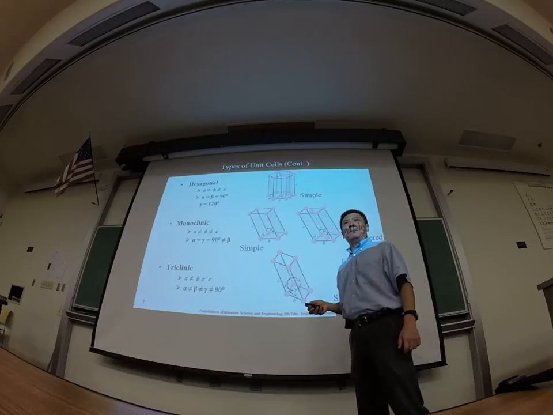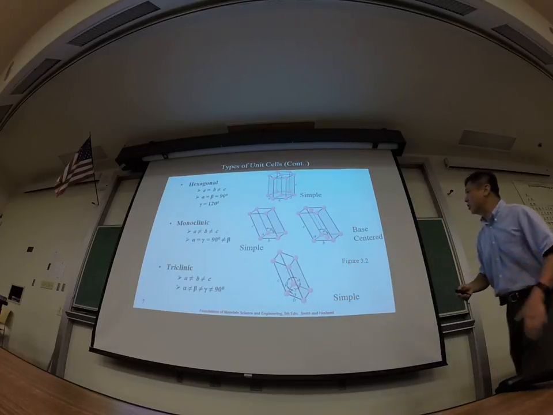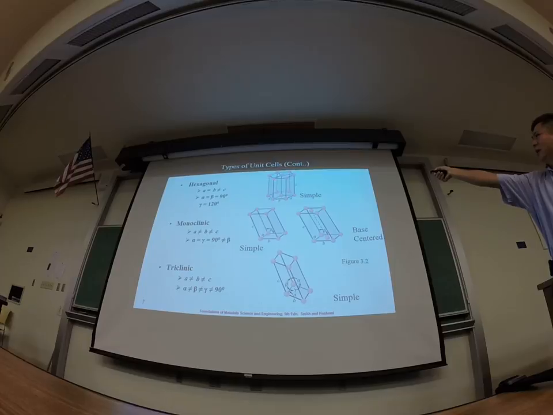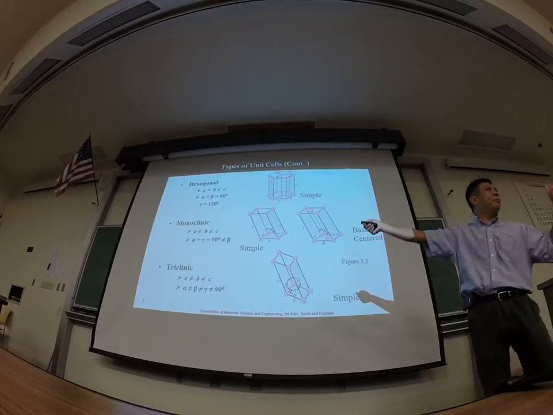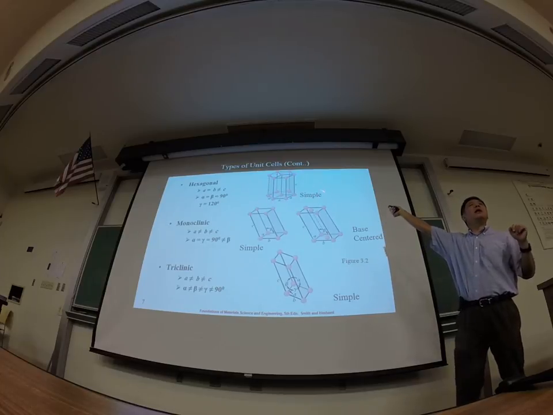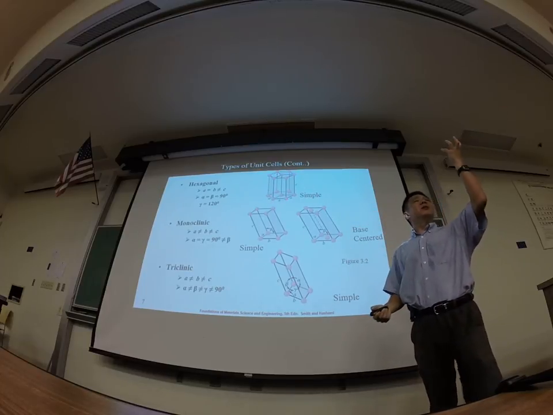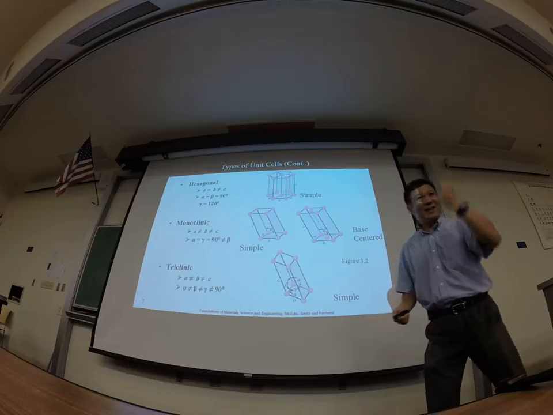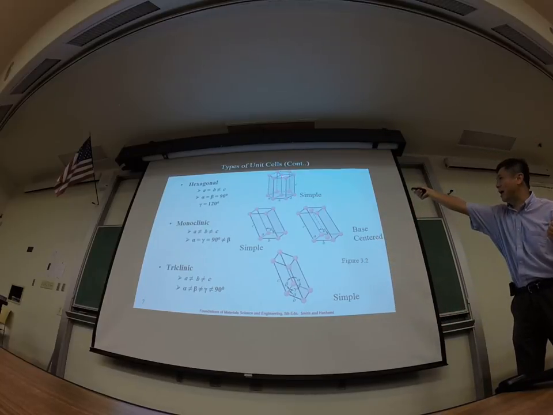Okay, so I should say that the smallest repeating unit in the hexagonal lattice is not this. This one is larger than the unit cell of a hexagonal lattice structure. The smallest one is this.